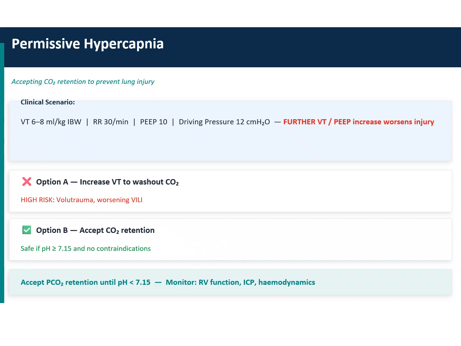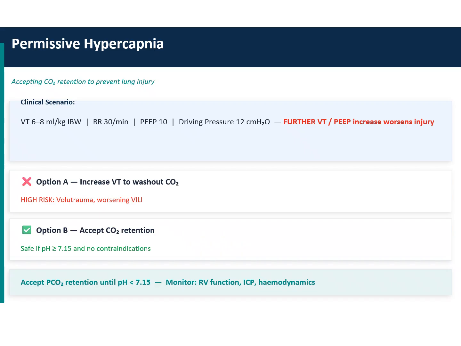So for example, you have a patient where you have set a tidal volume of 6 to 8 ml. The patient is already maxed out on respiration. The respiratory rate is 30, but despite that, the patient is having CO2 retention. And when you increase the PEEP, the driving pressures go high. That means you cannot increase the PEEP anymore because it is not a recruitable lung.